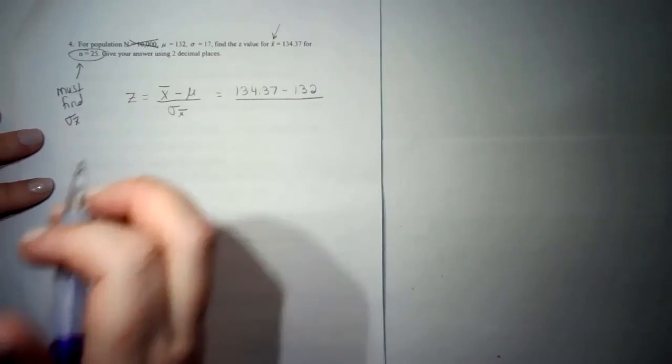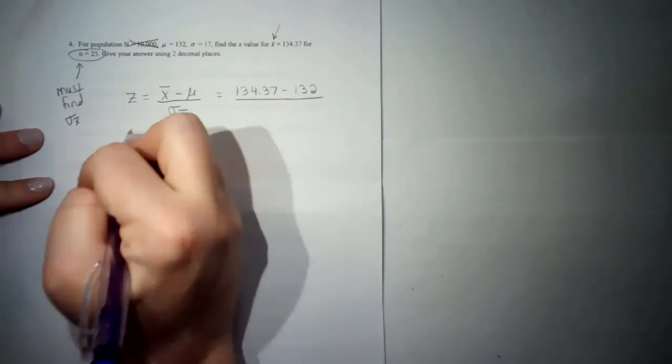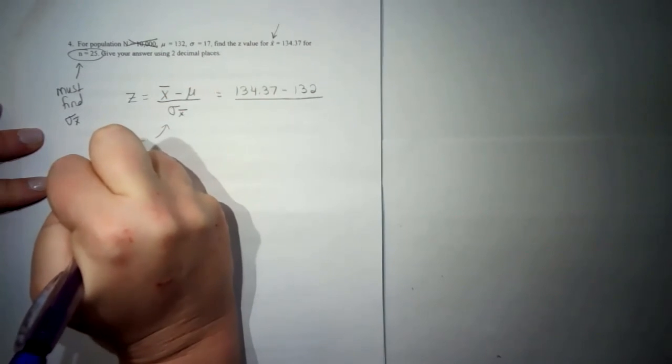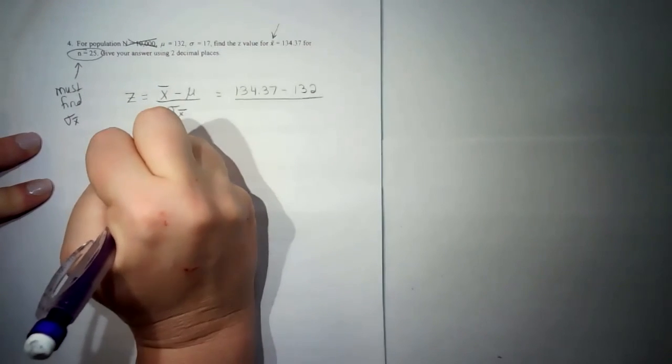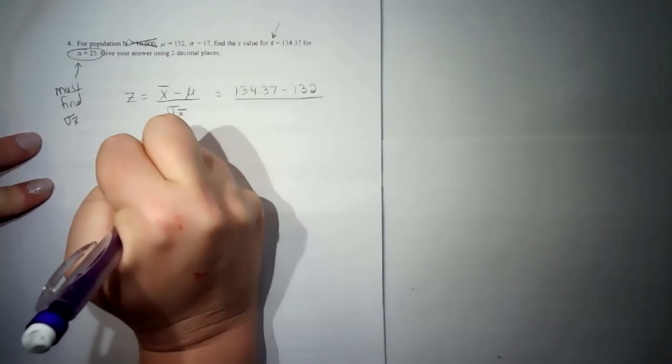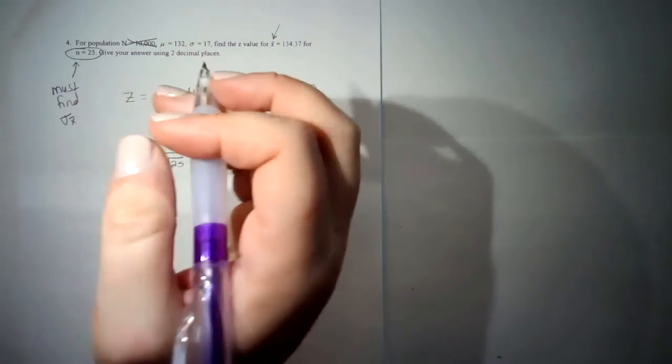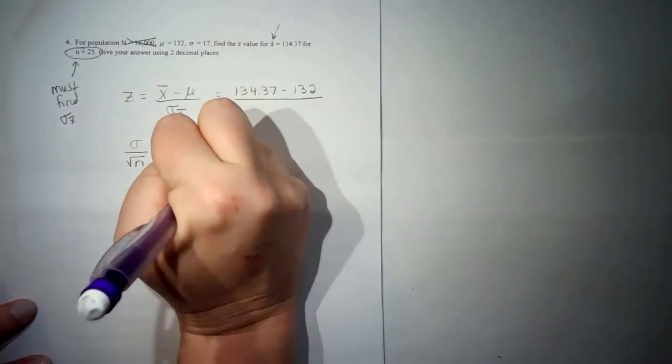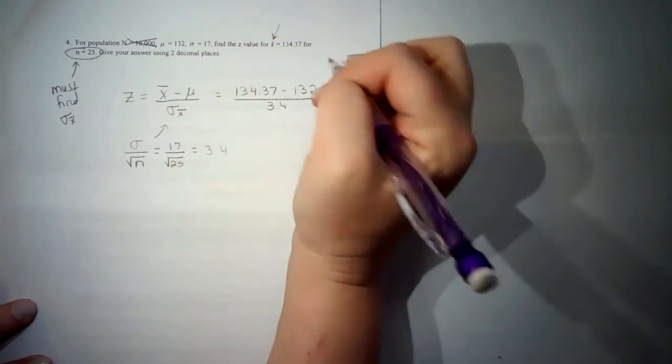Okay. All right. So remember, this is just going to be the standard deviation divided by the square root of n. Okay. So we're going to have 17 divided by the square root of 25. Get that somewhere. Which is 3.4. Okay.